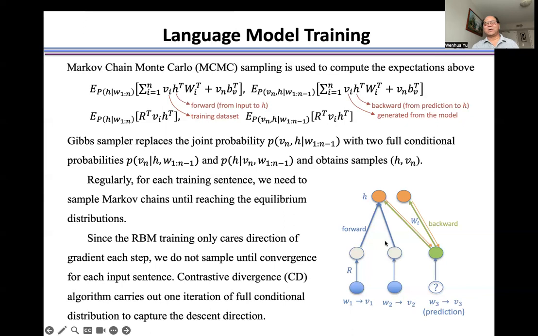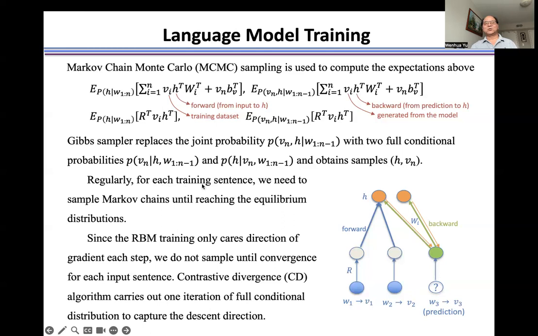And then based on this history and this Vn, we calculate the conditional probability of this H. So we get the samples here. And then we substitute these samples in this expectation to calculate the expectation of this sum over this joint distribution.